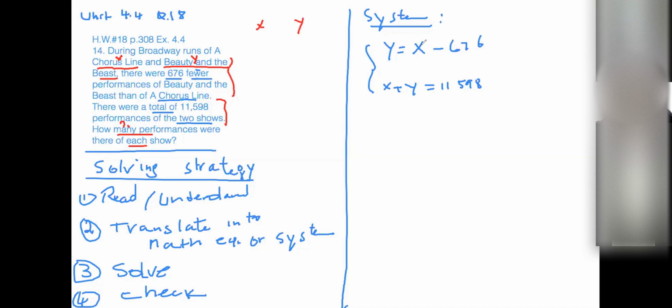So whatever the number of x was, the chorus line was performed way more times, so it's a larger number. But y, the second show, was only performed x minus this. So it was performed 676 times fewer, hence the minus, than the first show, which is the chorus line. That's our system.